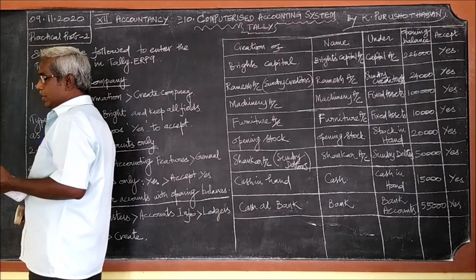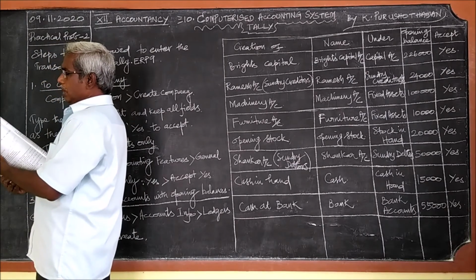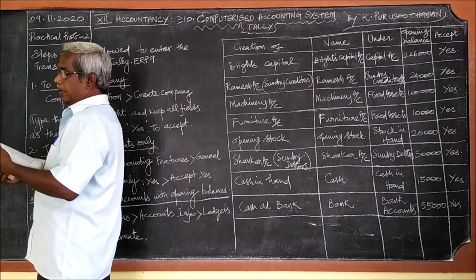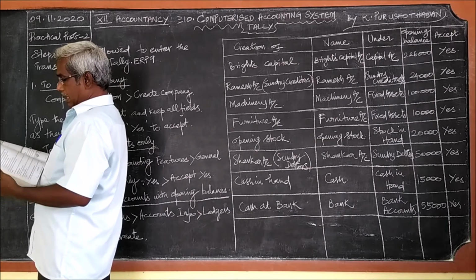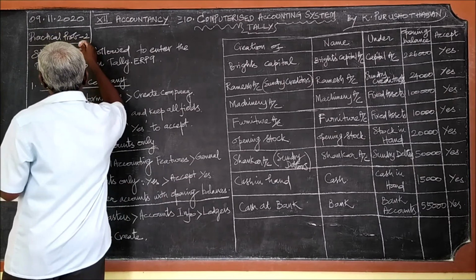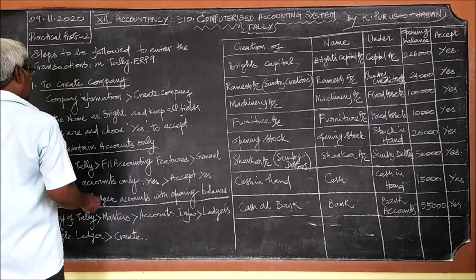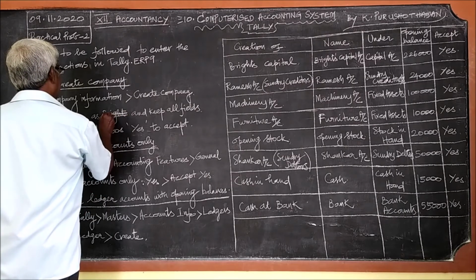Okay, now we shall see one by one. For this problem also, the same model problem. What we have to do? The same three steps to be followed. But here, don't use the name Bright.